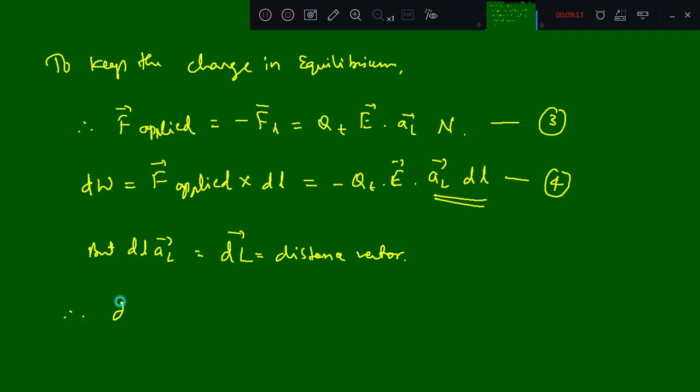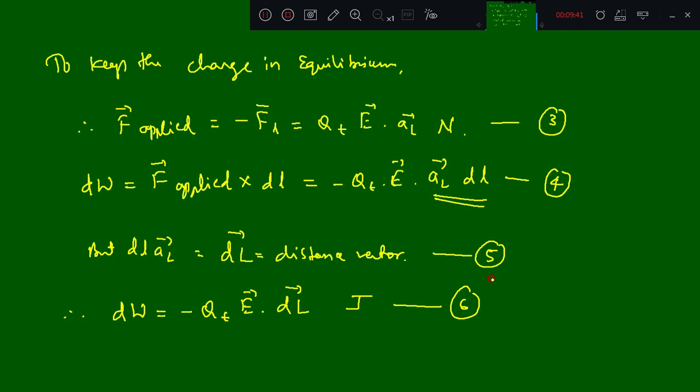Therefore we can replace our dW with minus QT E dot dl vector, and this is measured in joules. Okay, this is equation number 5, and this is equation number 6.